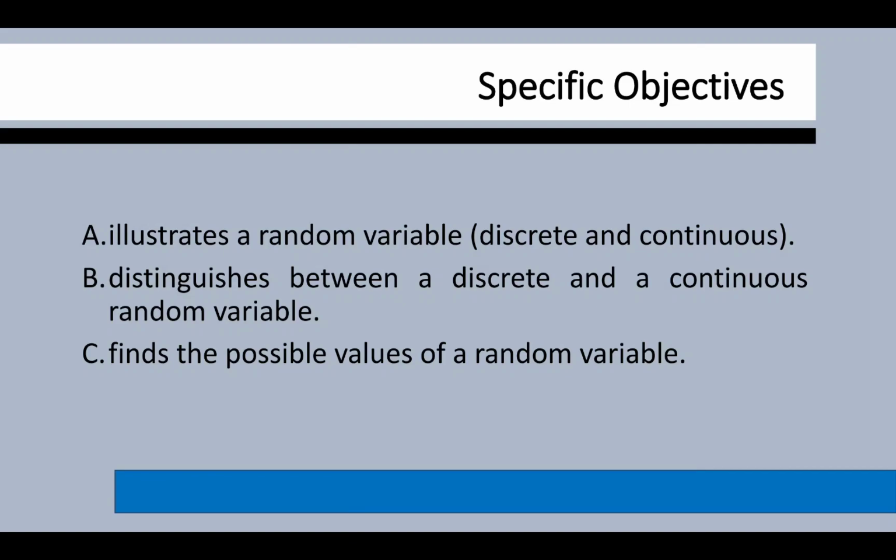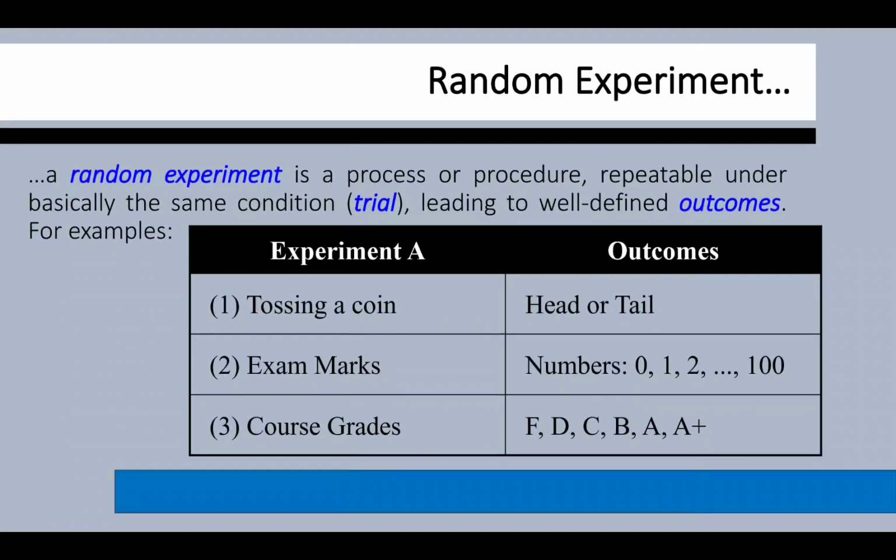Before we go through the lesson, let us recall what a random experiment is. Always remember that a random experiment is a process or a procedure that has definite or well-defined outcomes. Very familiar tayo dito sa statistics.